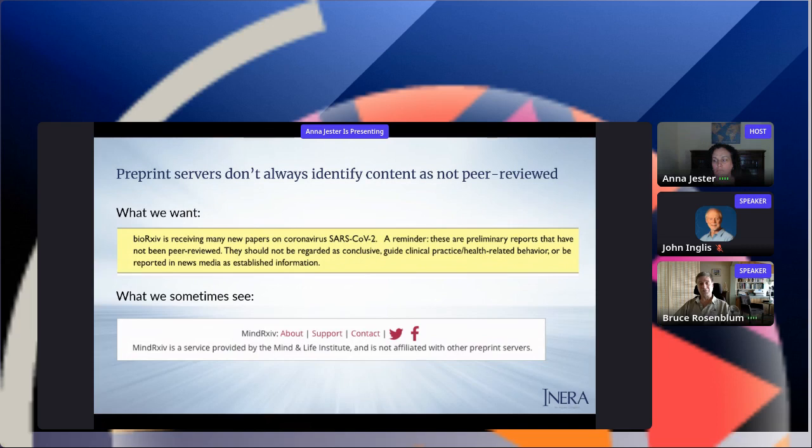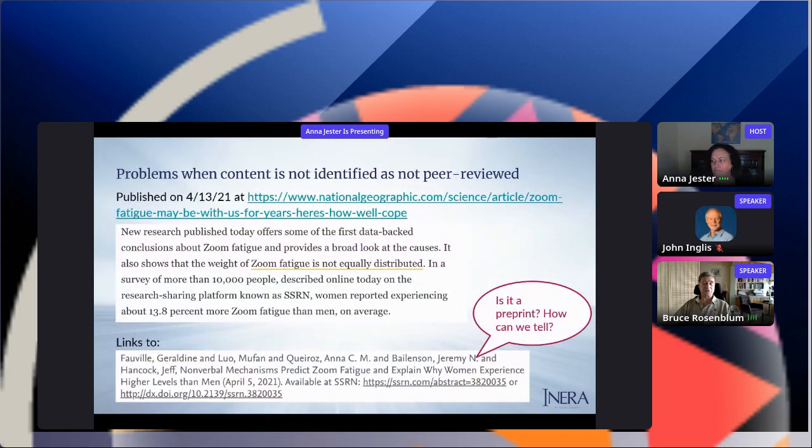Next slide, please. This leads to an interesting problem, which is many times papers, even from bioRxiv and medRxiv, will be cited in the popular press, as an example, without mentioning that they have not yet been peer-reviewed. So here's a screenshot of a piece of an article that was published on nationalgeographic.com in one of their daily newsletters, and it got a lot of play about Zoom fatigue not being equally distributed and how women reported more Zoom fatigue than men.